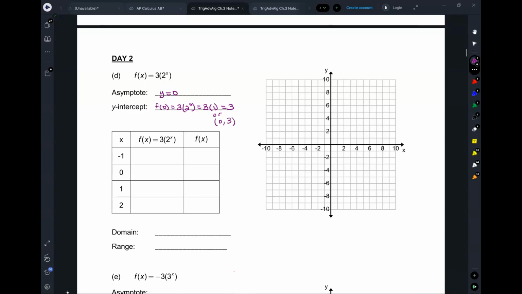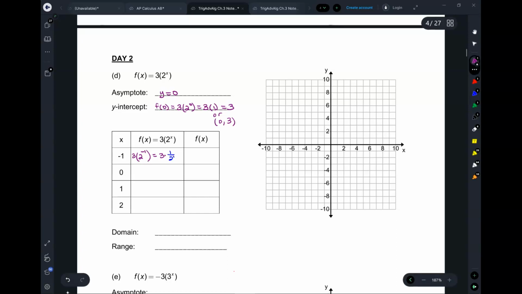So since it's growth, I'm picking x values from -1 to 2. So here I have 3 times 2 to the -1, and that will be 3 times 2 to the -1. Remember, it'll be a reciprocal. So 2 will become 1 over 2 to the 1.